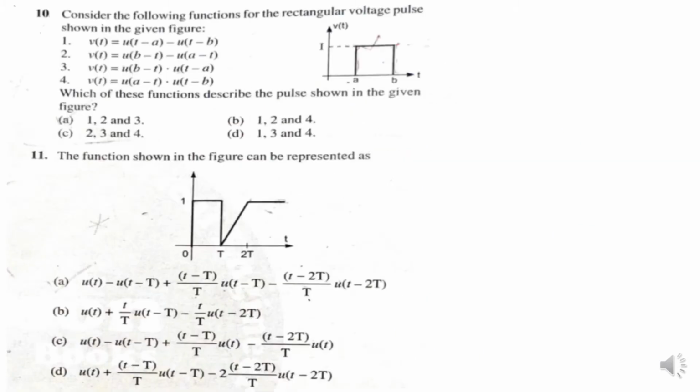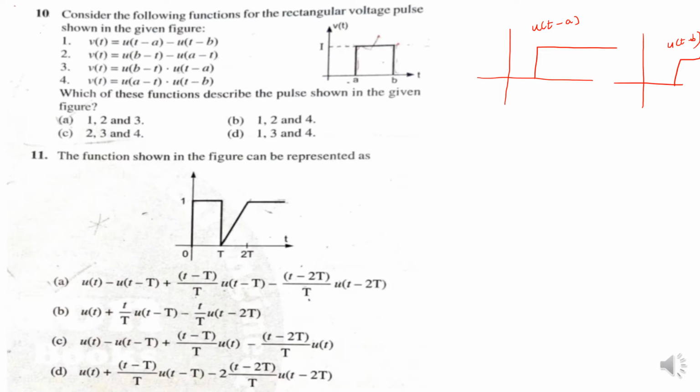Next problem: consider the following functions for the rectangular voltage pulse shown in the figure. So here 4 options are given: u of t minus a minus u of t minus b. First of all, I am going to draw this. First, this is u of t minus a. And another signal, that is u of t minus b.